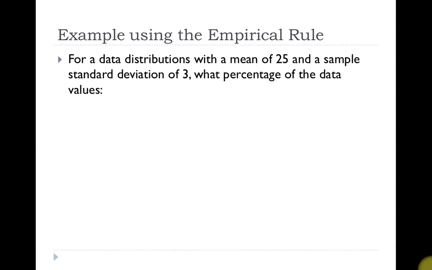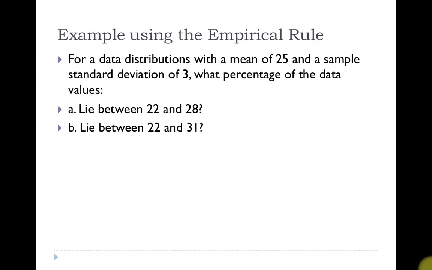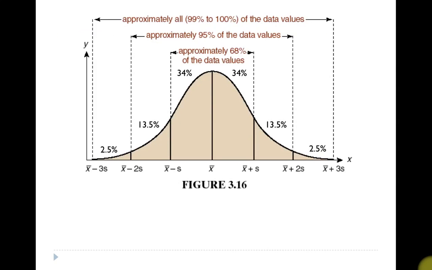Okay. For a data distribution with a mean of 25 and a sample standard deviation of 3, what percent of data values A lie between 22 and 28, B lie between 22 and 31, C lie between 19 and 25? Okay, so we have our percentages marked: 34, 34, 13.5, 13.5, and 2.5, 2.5.